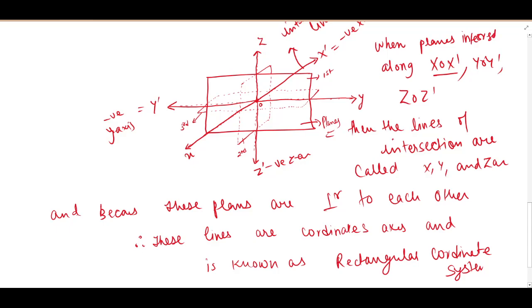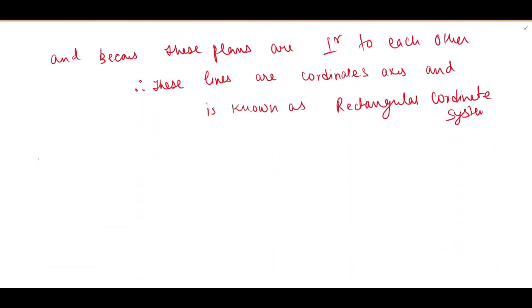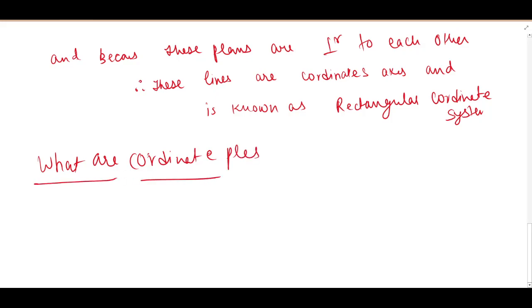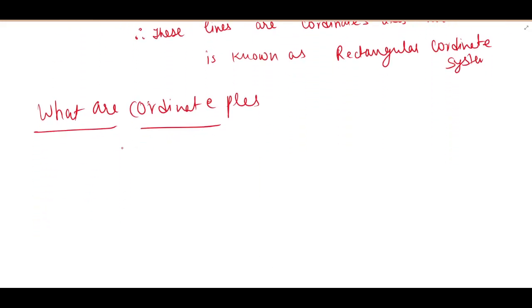So what are coordinate planes? The planes x o y, y o z, and z o x are coordinate planes.